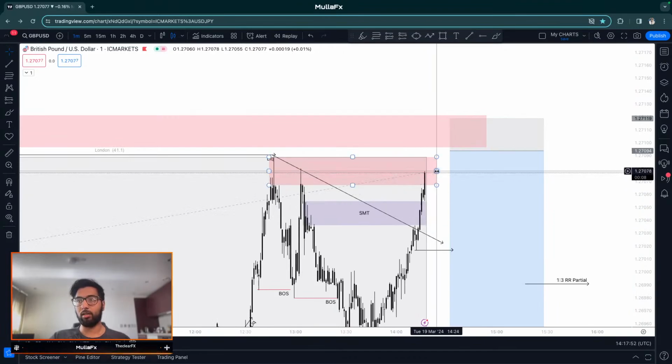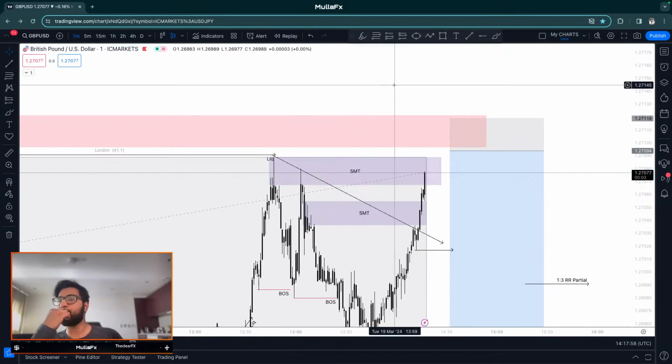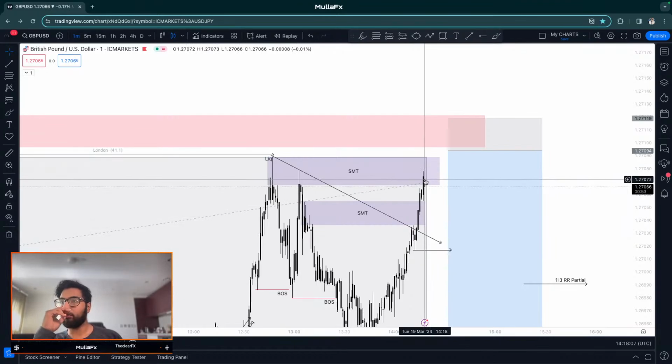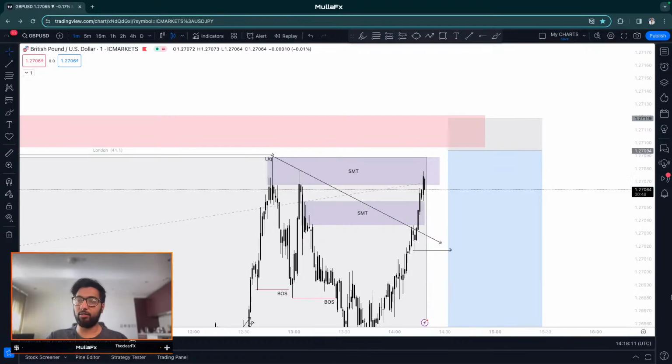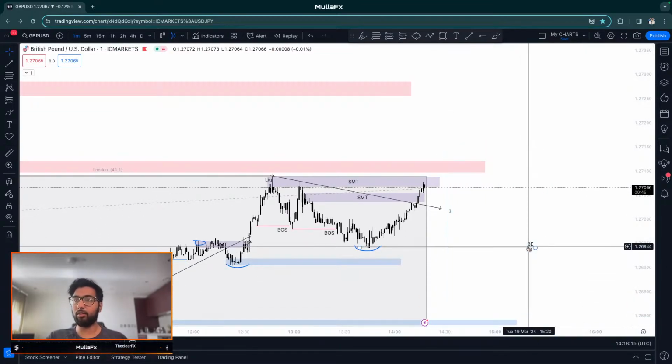So cool, this could potentially be another smart money trap. You can see that this one gave its move, this one hasn't. So that means this gets invalidated, and this is how it is as a trader, and then this obviously gets invalidated as well.